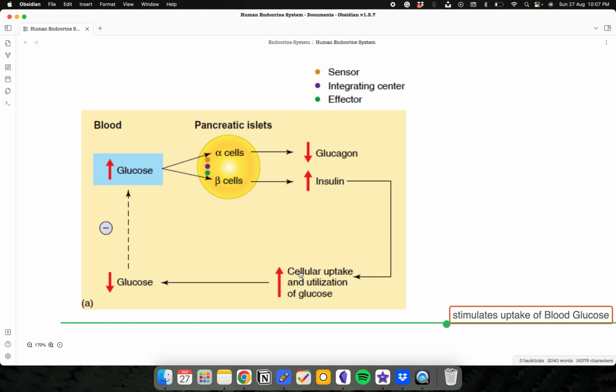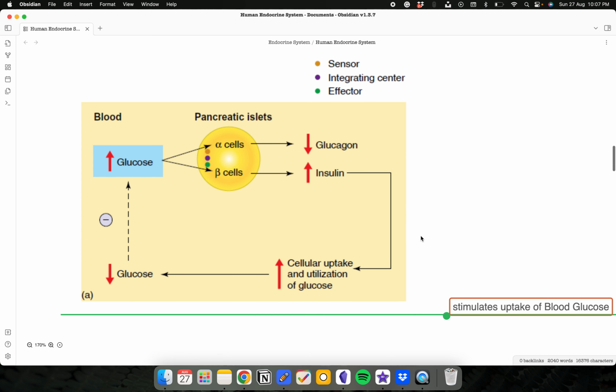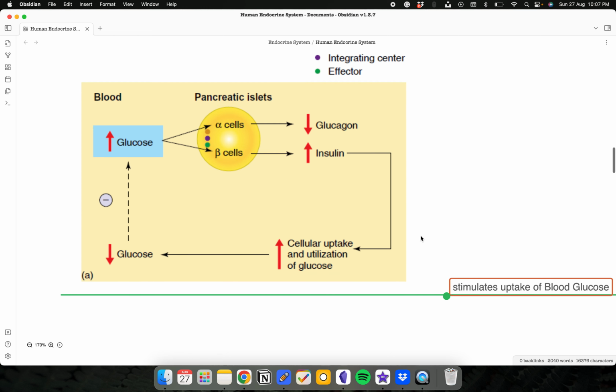This insulin will cause the cellular uptake and utilization of glucose, so that the blood glucose level comes down. As a result, the effect of glucose increasing the insulin level will also be inhibited. So it will maintain a normal homeostasis, right? So that is the simple function of insulin.